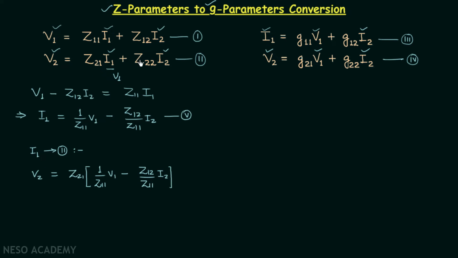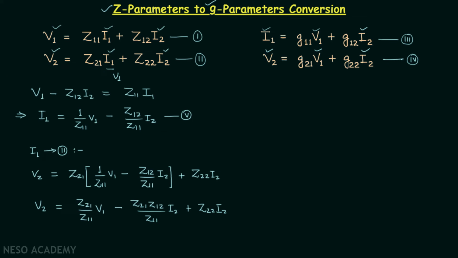Then we have plus Z22 I2. In the next step we will open this bracket. So we have voltage V2 equal to Z21 divided by Z11 multiplied by V1 minus Z21 multiplied by Z12 divided by Z11 multiplied by current I2 plus Z22 multiplied by current I2.